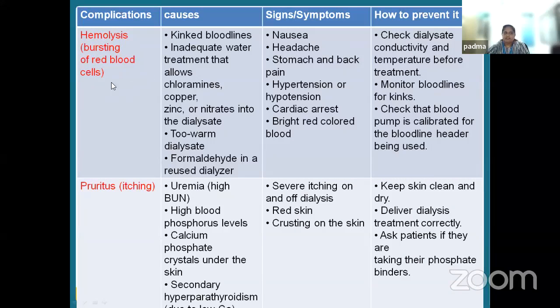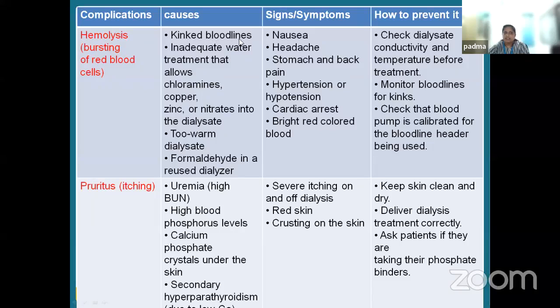So hemolysis. Basically, this is one of the complications. During dialysis, blood will be flowing at 150 ml to 250 ml per minute. At that time, there is a chance for the blood to get hemolysis, the bursting of red blood cells.